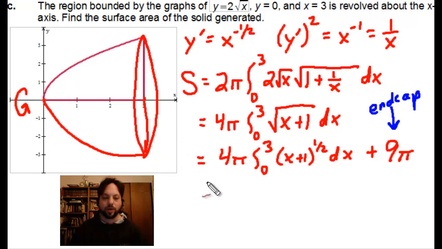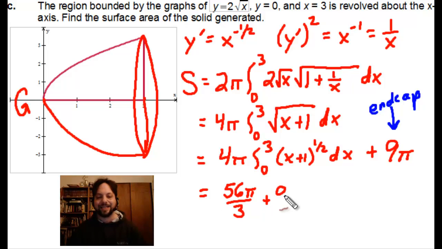All right, so that all works out just fine. If you do go ahead and evaluate this integral by hand, you can do this without your calculator. You can certainly do this by hand. And if you do, what we should get is 56 pi over 3. If we then add the end cap to that, what we should get is that this thing has a final complete surface area of 83 pi over 3.